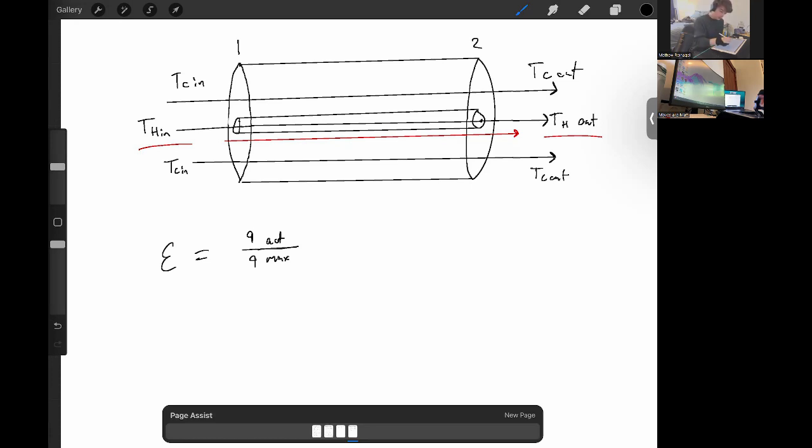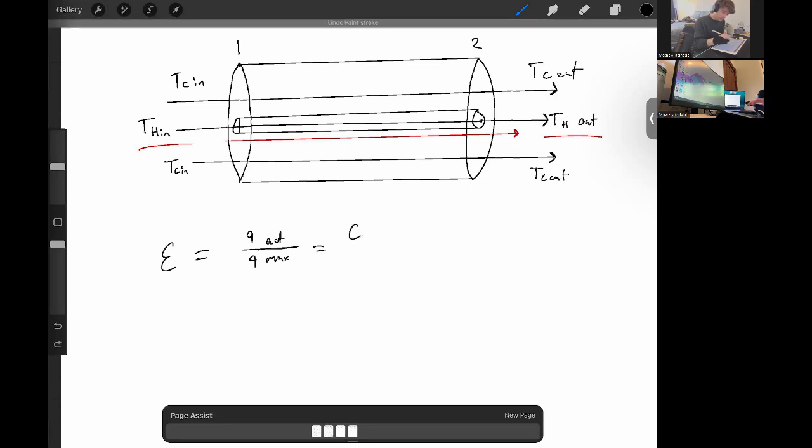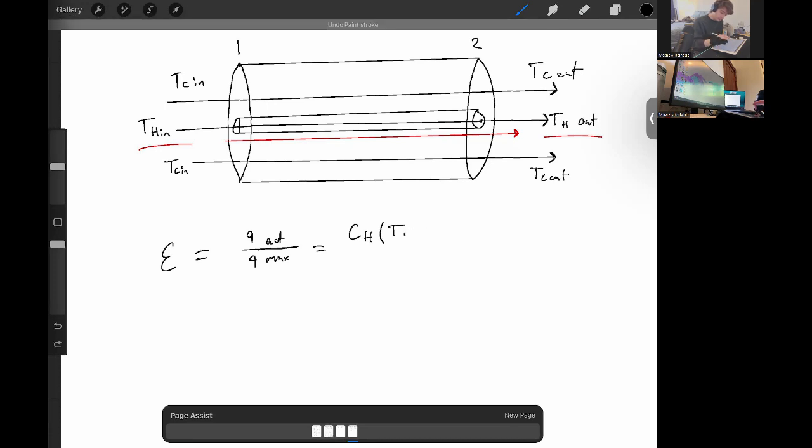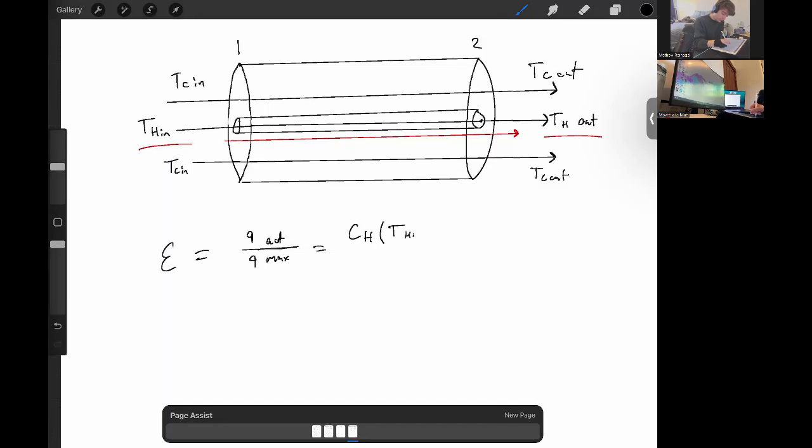The way we can imagine this is we said Q is equal to some heat mass transfer, C, multiplied by the temperature of the heat in minus the temperature of the heat out, our transfer across the system.